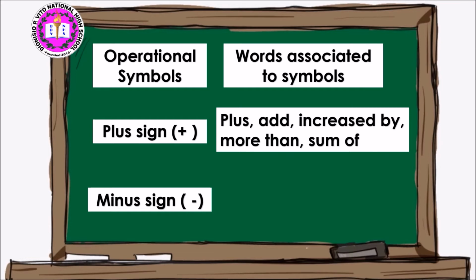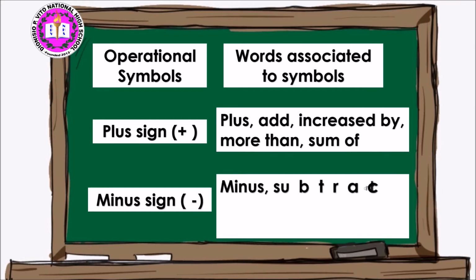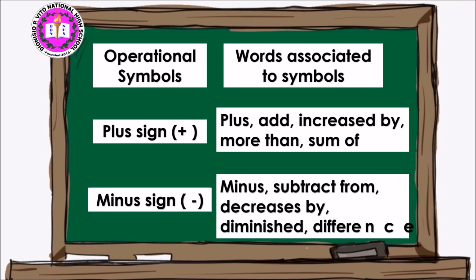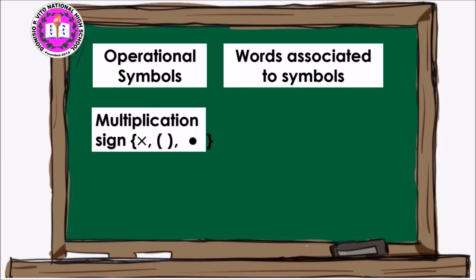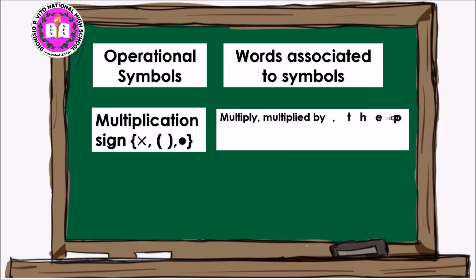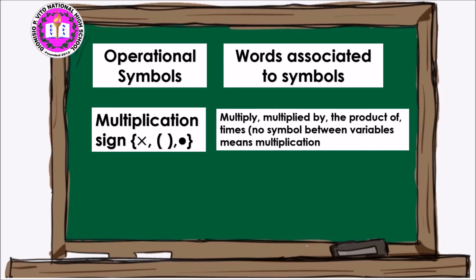The words associated to this symbol are minus, subtract from, decreased by, diminished, difference. Next is multiplication sign. The words associated to this symbol are multiply, multiplied by, the product of, times, or no symbol between variables means multiplication.